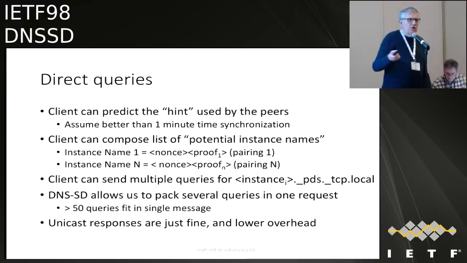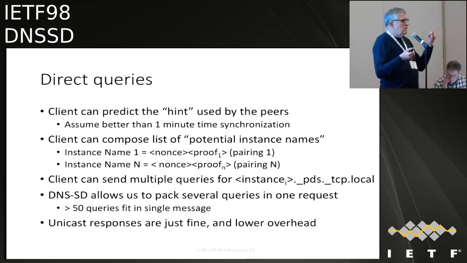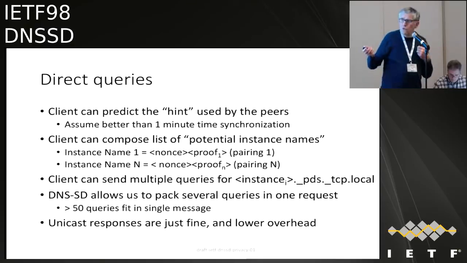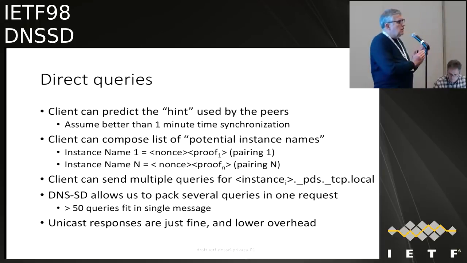If a client wants to find a server, that client can compose the instance name that it believes the server will use, do a request for that instance name, look for the SRV record, and find whether the server is present or not. If the client has a number of peers, it can repeat that, composing one instance name for each of its peers. The good thing is that using the DNSSD format, the client can pack multiple queries in a single message, and query for all its peers at once.